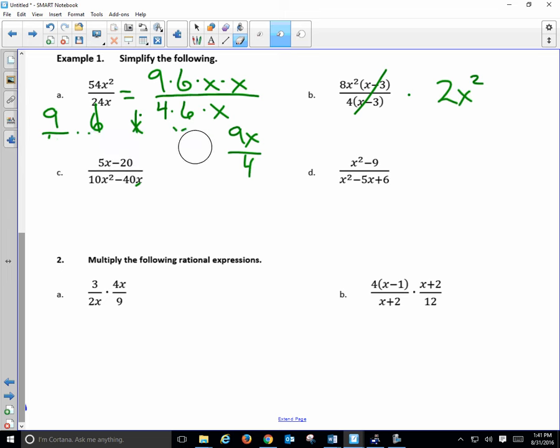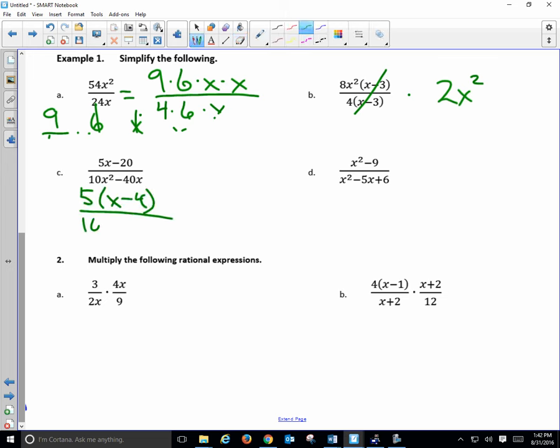What can you do for letter C? Take out the factor. What are you going to take out? Very good. Now it's written as multiplication, so you can go ahead and do your cancellation. 5 over 10x makes 1 over 2x.